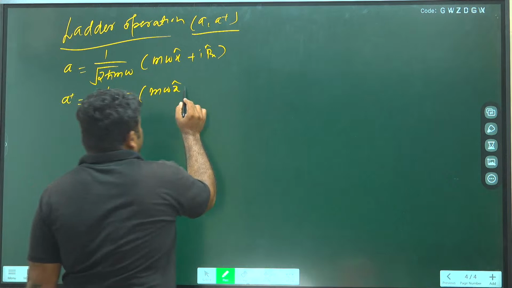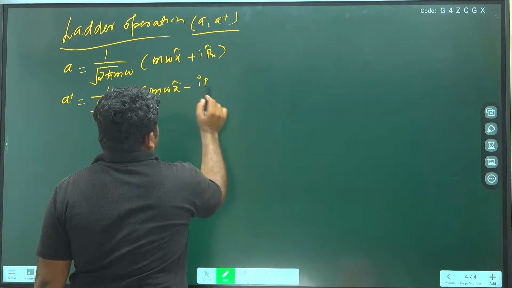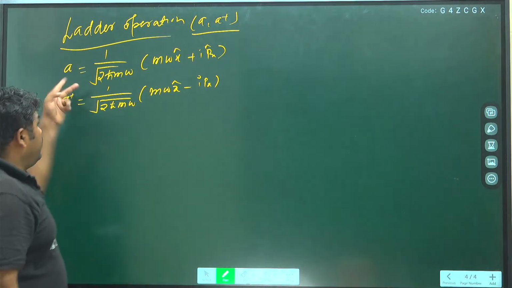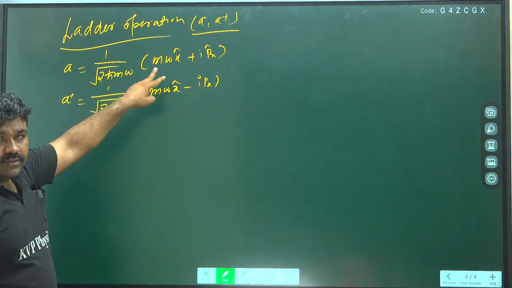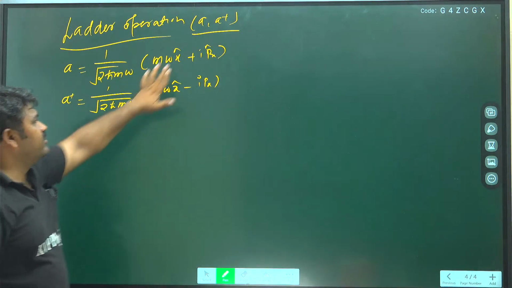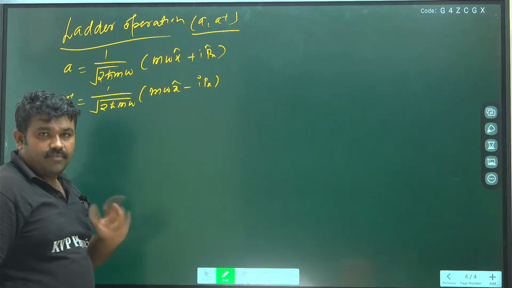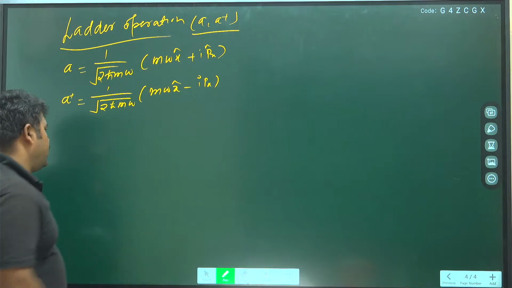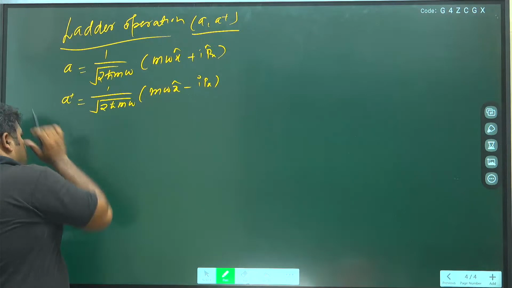Means this can be written as minus ipx. A and A dagger. This is the A value. This is the A dagger value. What is the small change here? Here the sign is plus, here the sign is minus. Means complex conjugates. Means A and A dagger. We know that A dagger of dagger is equal to A.